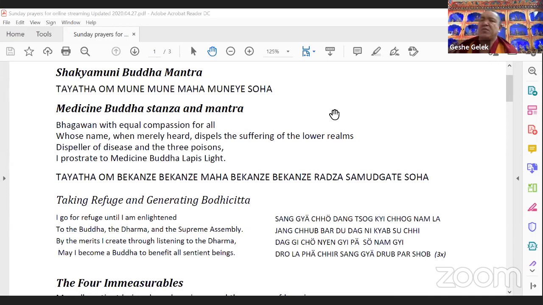There's a bowl held in the left hand, filled with nectar, called amrita in Sanskrit. Immortality nectar, medicinal nectar, inexhaustible wisdom nectar.